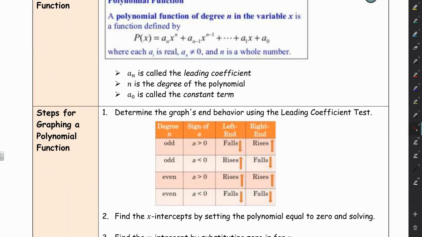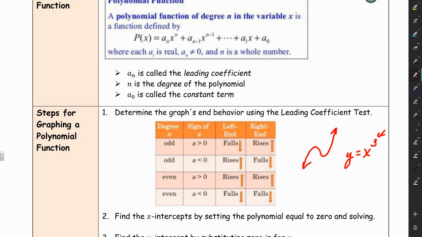Steps for graphing a polynomial function. Well, the first thing you're going to want to do is identify the end behavior of the graph, and you can use this table as a guide. So for example, if we were looking at the graph of y equals x cubed, in this case, we have an odd function, so the degree is odd.